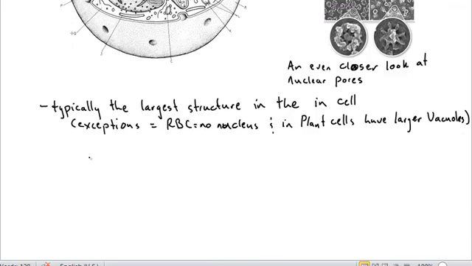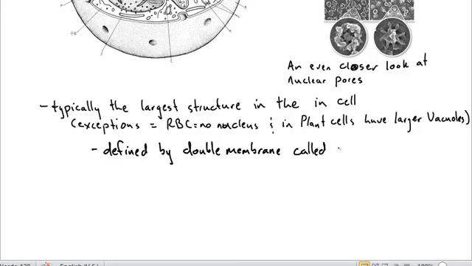So the nucleus is defined or surrounded by a double membrane called the nuclear envelope, or the nuclear membrane, that contains nuclear pores.